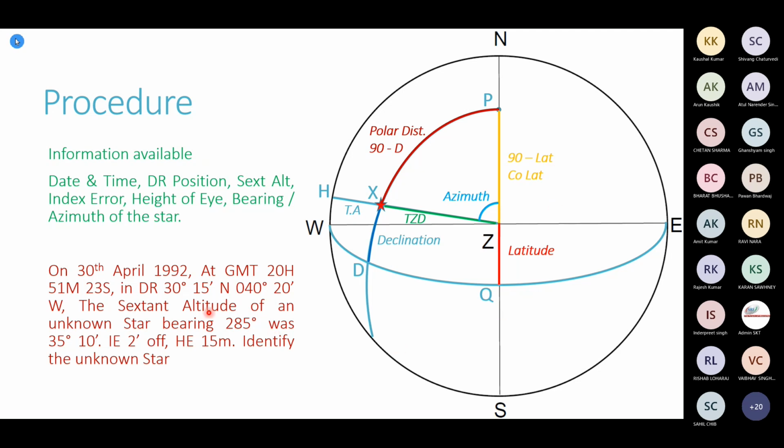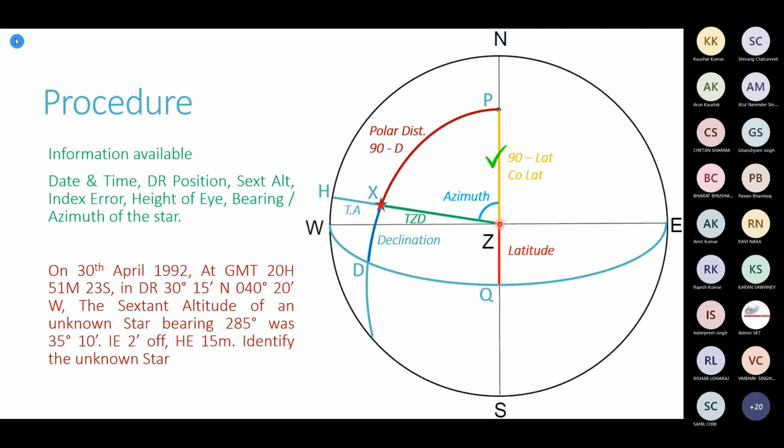And you can see the DR latitude is given to us in the question. In this case, it is 30 degrees, 15 minutes north. So this side, PZ, is known to us. Let's put a green tick mark here, indicating this side is known to us.